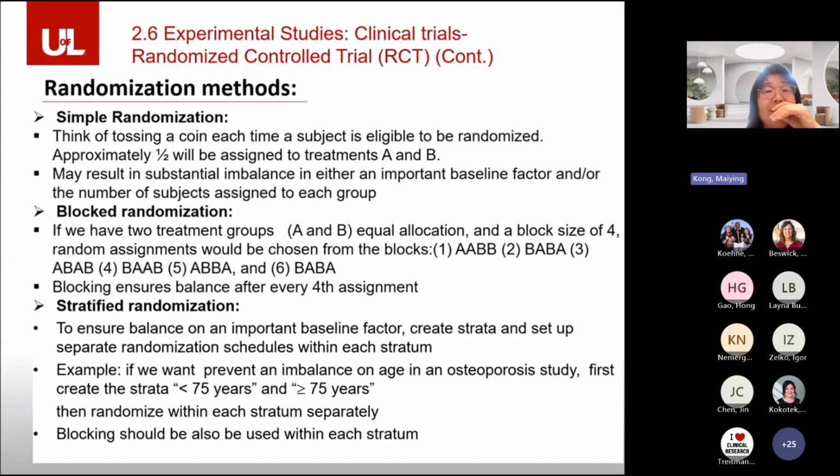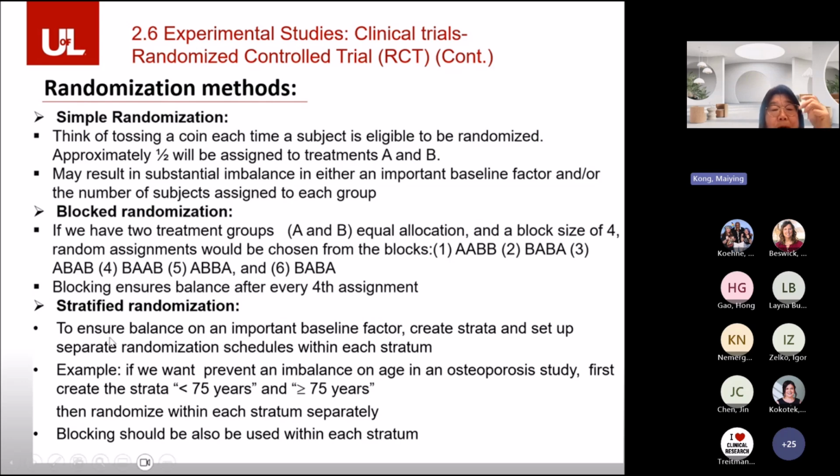For randomization methods, our group can help. There is simple randomization. It's like tossing a coin, but that can result in unbalanced confounders. So we usually at least use block randomization. Within each block, we randomize the patients into different sequences of treatment.